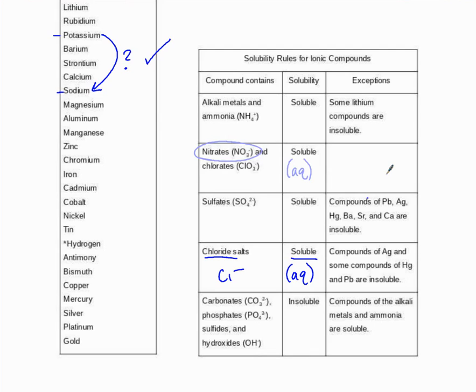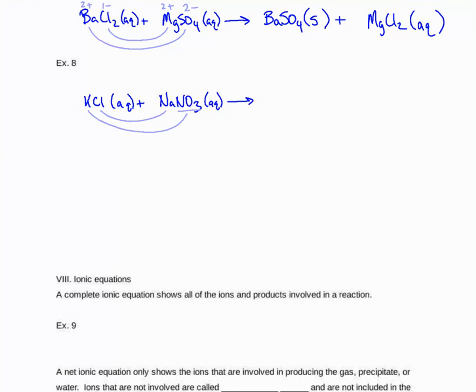It could have uranium with nitrate. It's going to be soluble. And so both of our products here are aqueous. And so rather than writing out sodium chloride aqueous, potassium nitrate aqueous, no reaction.